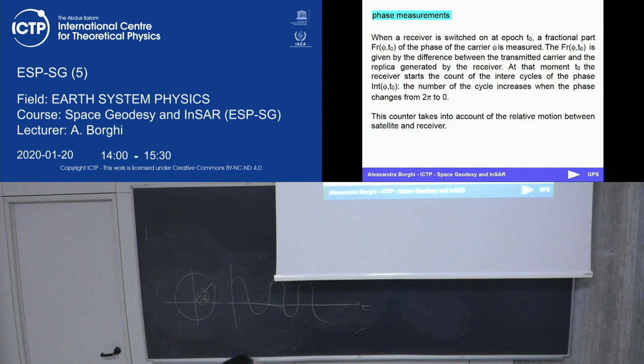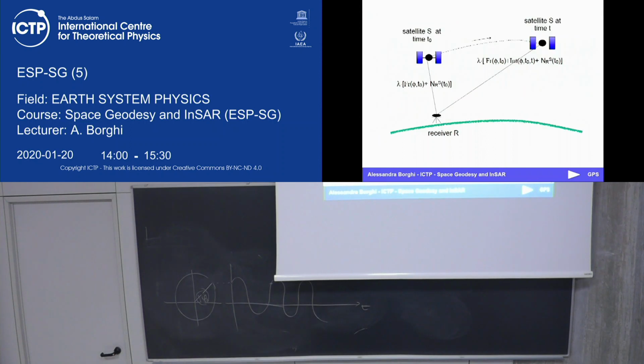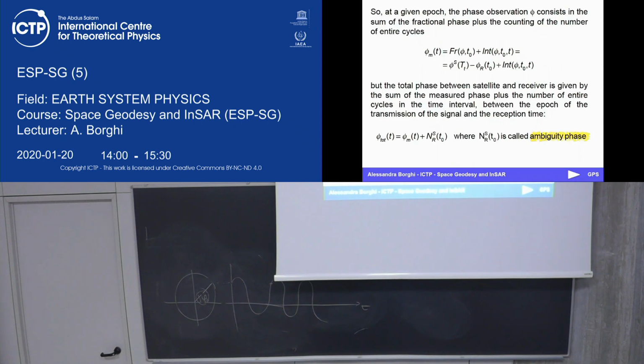The number of cycles increases when the phase changes by 2 pi. This count is to take into account the relative motion between receiver and satellite.